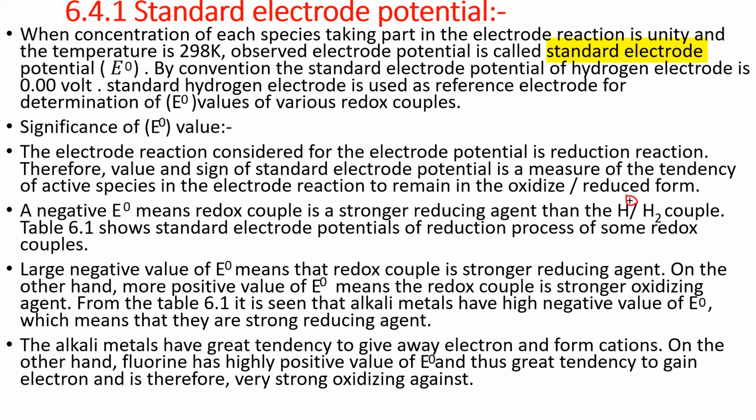From the tables, you can see that alkali metals have high negative values of E0, which means that they are strong reducing agents.